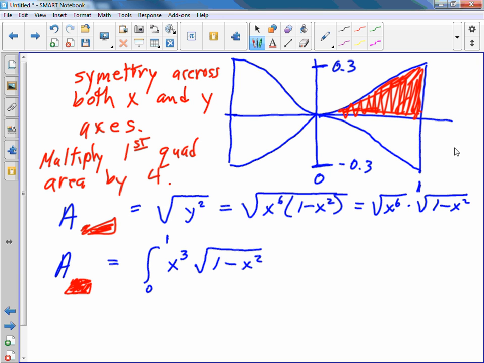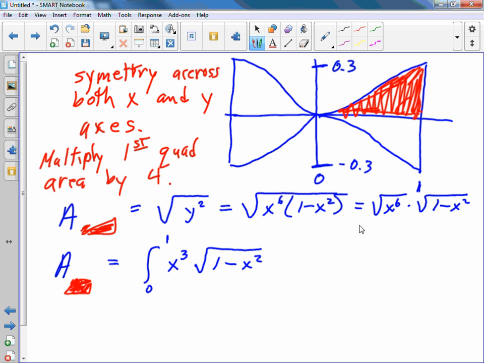Okay. So we're integrating from 0 to 1, x to the 3rd, square root of 1 minus x squared. And again, I really want to say the way I did this is super long, but it's kind of the only way I saw it in my head. I'm sure there's shorter ways. And if you come up with a shorter way that's legit and works, I'd be happy to share it with the crowd.